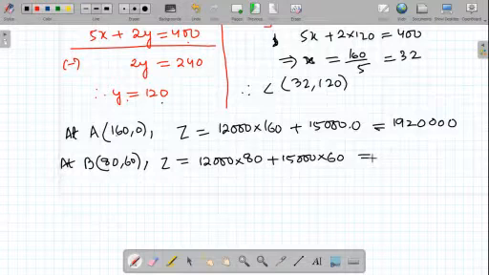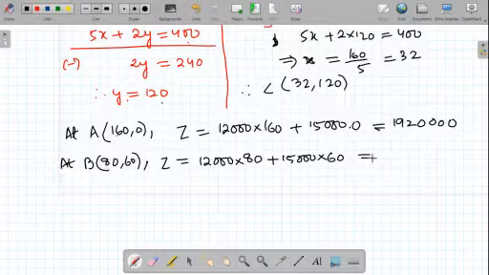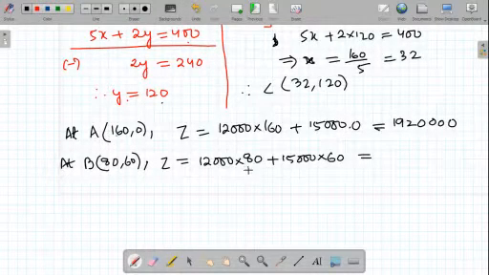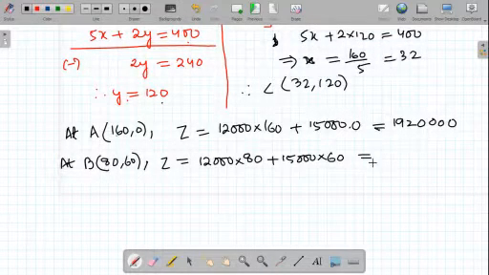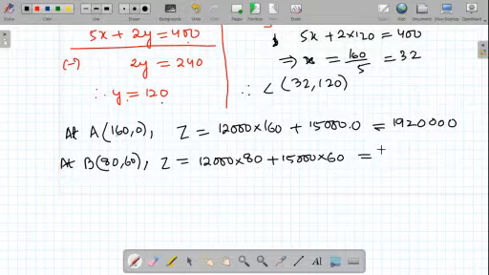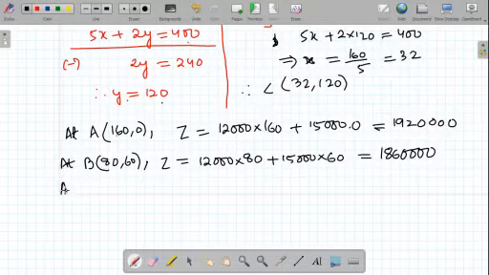Okay, so here we need to do a little bit of calculation. After doing a little bit of calculation, you will get this value, 1861234, right? So that is at B.